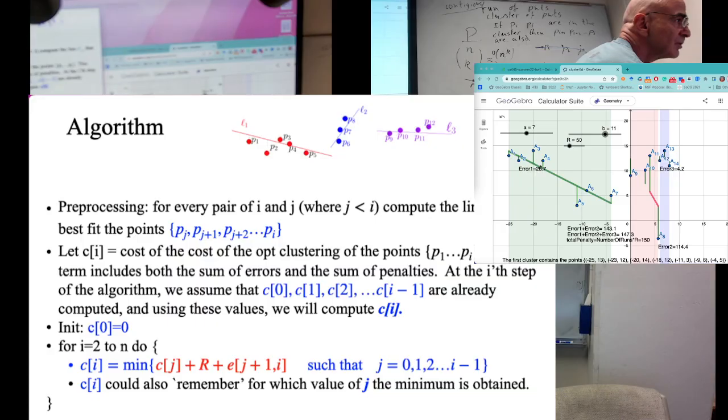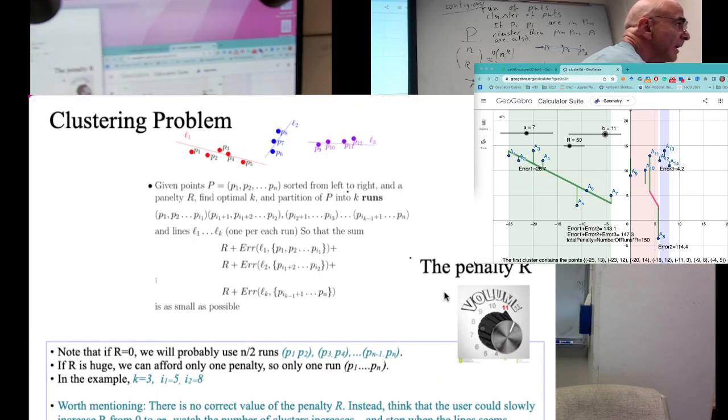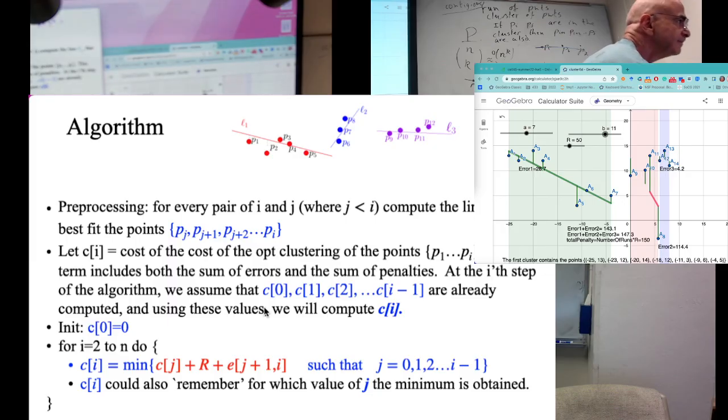And it contains also the sum of penalties, because when I sum them all together in this formula, we saw that maybe fewer clusters, maybe more clusters makes more or less sense. No matter what it is, I wanted to compute what is Ci, the best way to partition the points from P1 up to Pi.